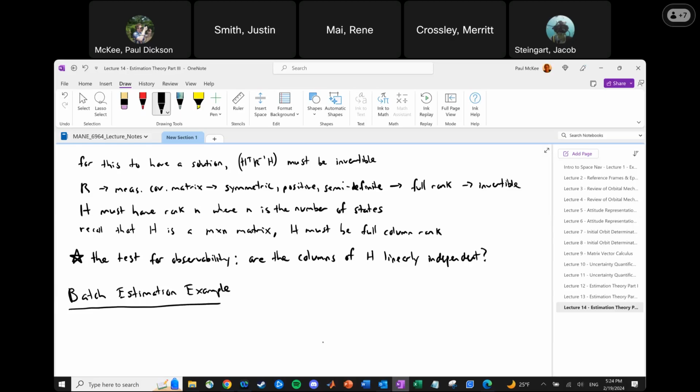Suppose we set up an experiment to measure acceleration due to gravity.